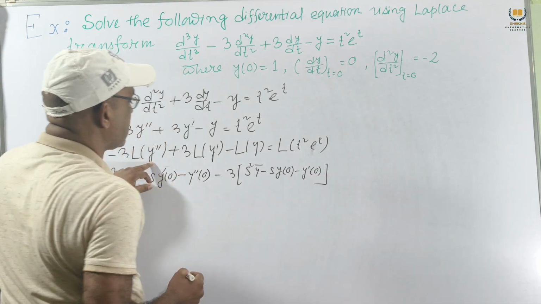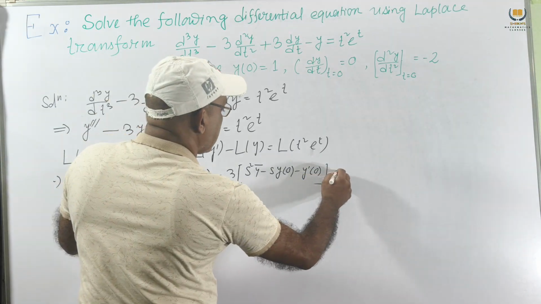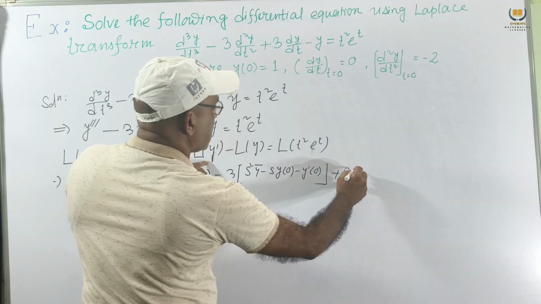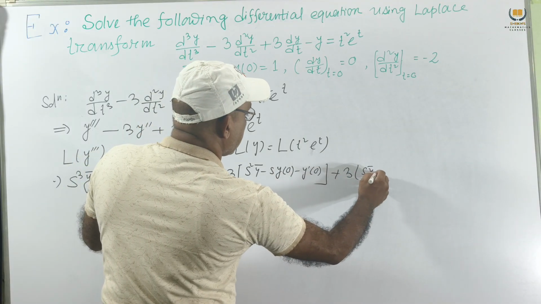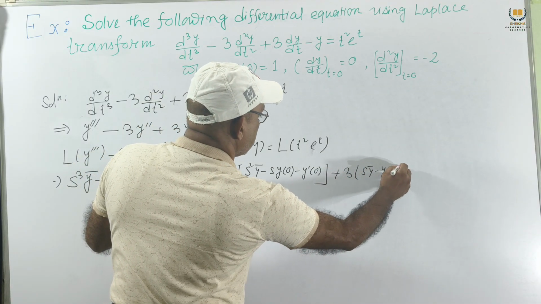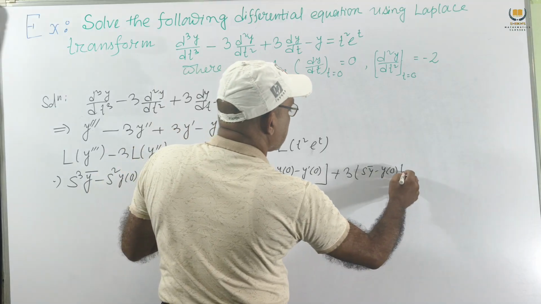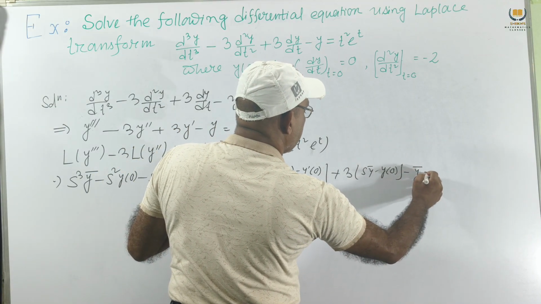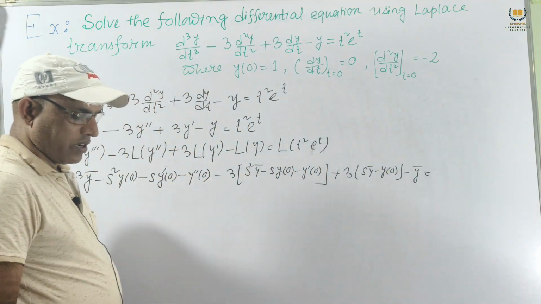We get this, and 3 y dash, this is s ȳ minus y(0), minus ȳ, and t² e^t.